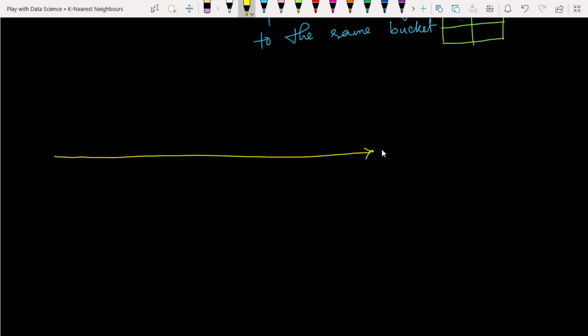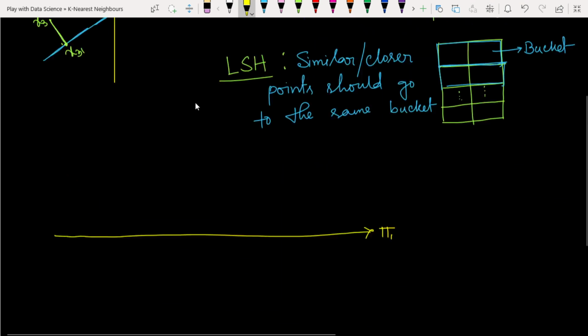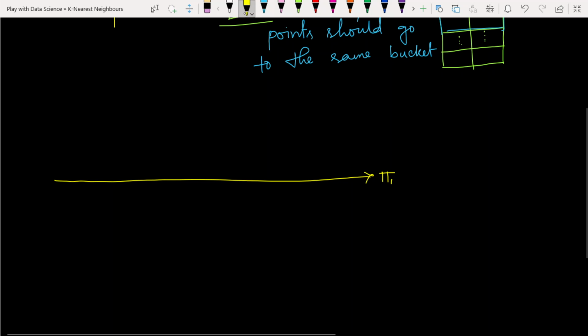This is our pi1 plane, and let's take our projected points. Suppose this point is x11, this point is x21, and this point is x31.